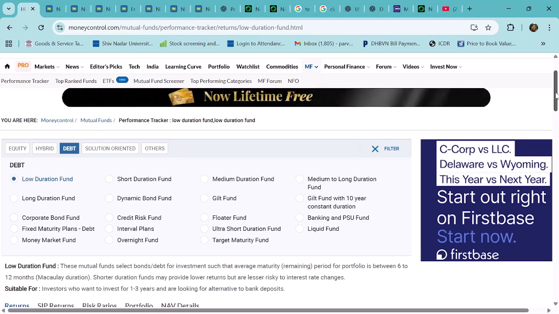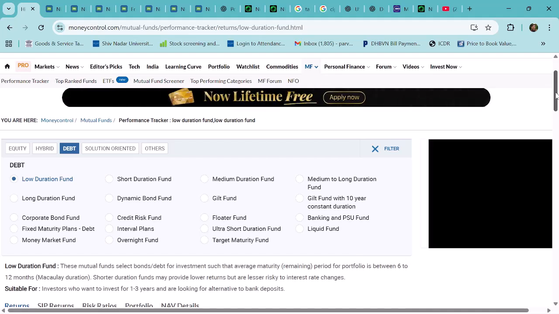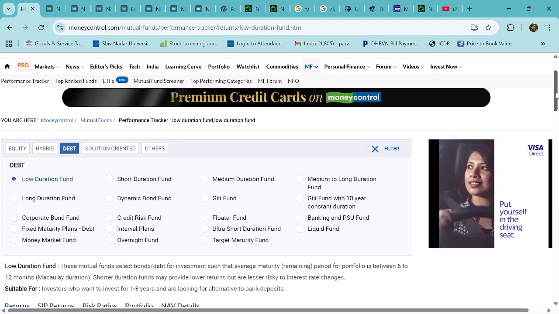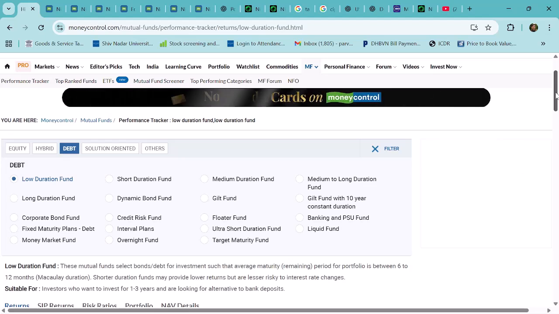Shishti, can you read these mutual funds? What are the various schemes? For debt mutual funds, there's low duration, long duration, corporate bond, fixed maturity, money market fund, short duration, dynamic bond, credit risk, interval plans, overnight fund, medium duration, gilt, floater, ultra short duration, target maturity, medium to long duration, gilt fund with 10-year constant duration, banking and PSU fund, and liquid fund.